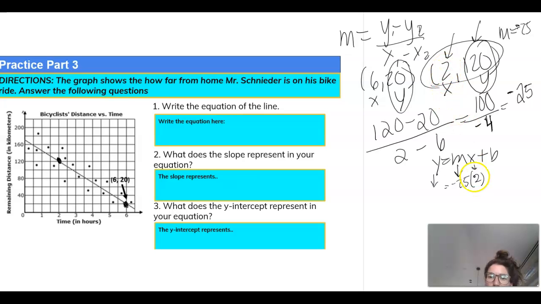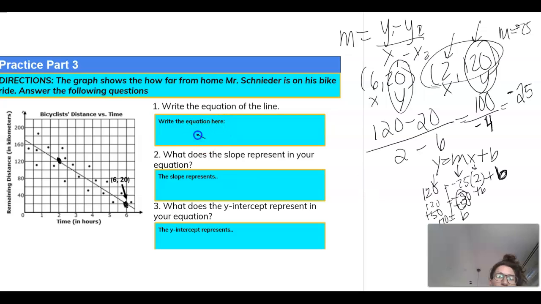Remember, x multiplies m, and then the 120 goes over here, and then plus b, because b is what I'm solving for. Negative 25 times 2 is negative 50. Then with 120 over here, add that 50 so that b gets left by itself, and I get 170 equals b.